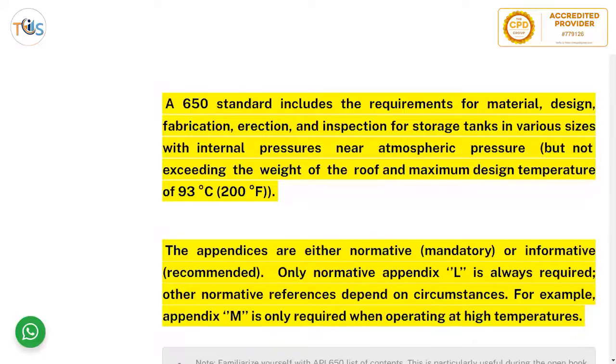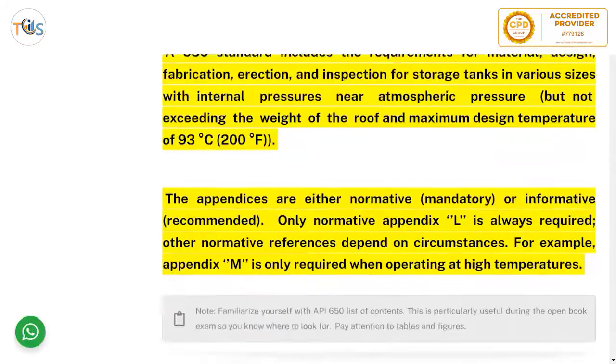API 650 standard includes the requirement for material design, fabrication, erection, and transportation for storage tanks in various sizes with internal pressure near atmospheric pressure, but not exceeding the weight of the roof, and maximum design temperature of 93 degrees centigrade, 200 degrees Fahrenheit.